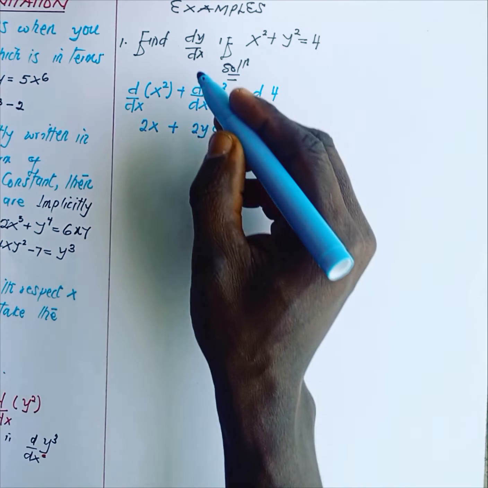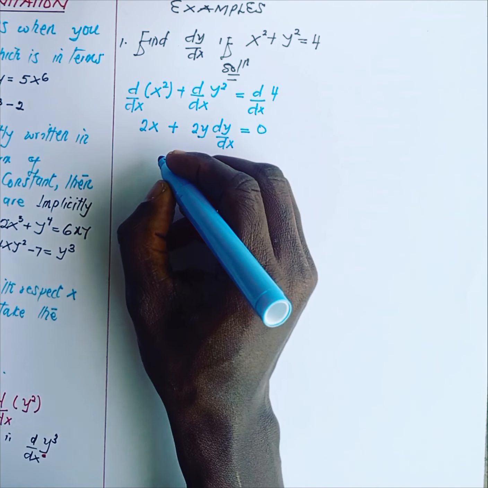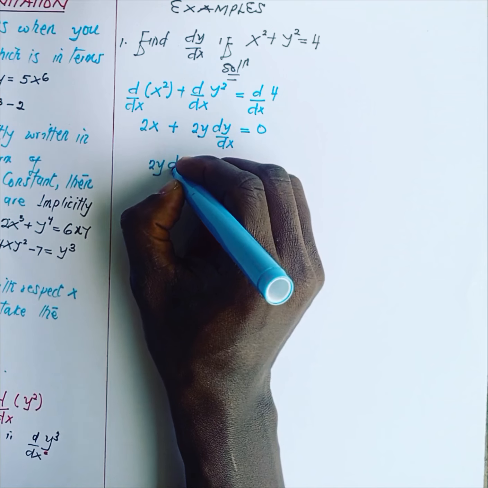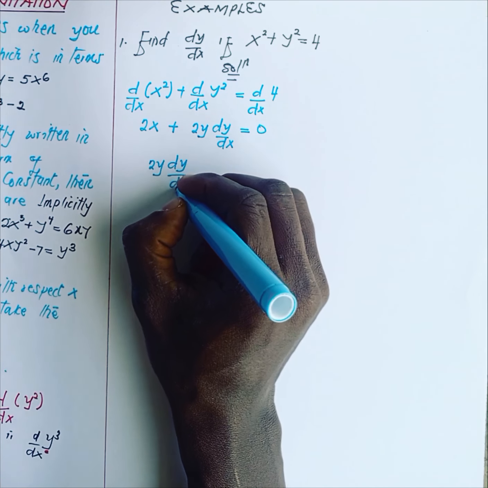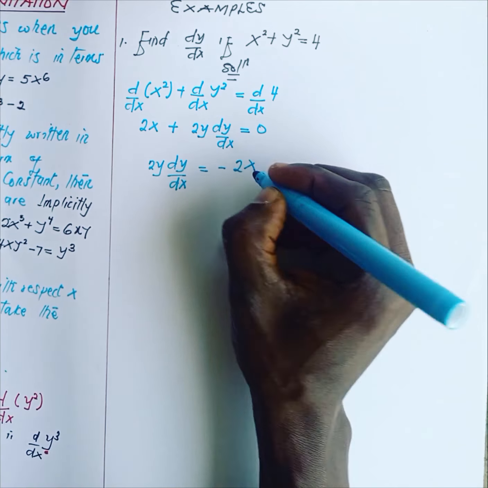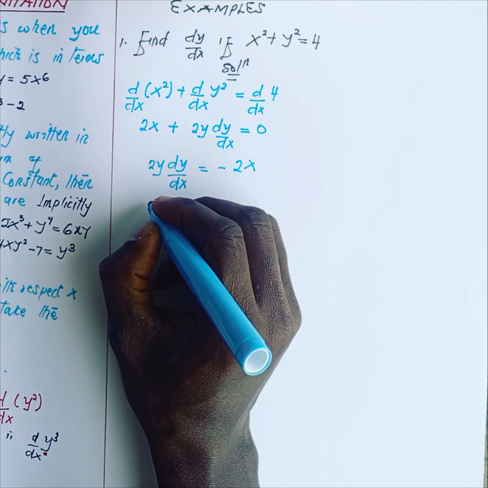So we are looking for dy dx, so we can just bring 2x to the other side of the equation. So we can say that our 2y dy dx is equal to negative 2x. We are looking for dy dx, divide both sides by 2y.